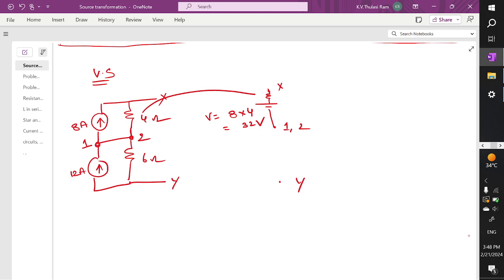The resistor which is in parallel here will be in series here. Coming to the next branch, V is equal to I into R, so 12 into 6, this is 72 volts, and this resistor is in parallel and will be in series.